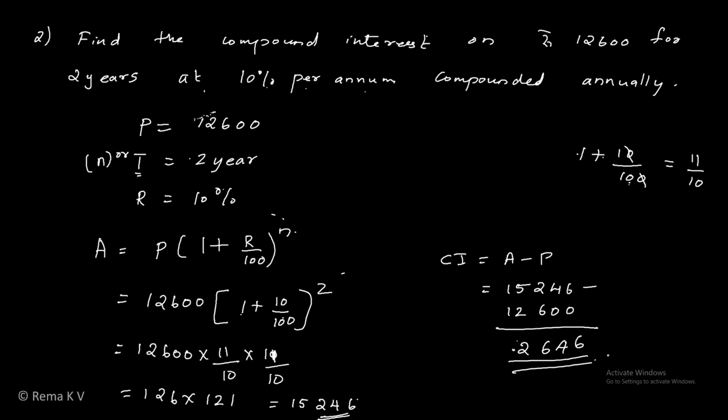Compound interest is 2,646 rupees. Avani, you have to subtract it. 2,646. Okay.